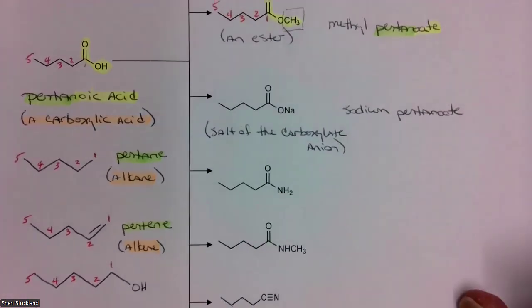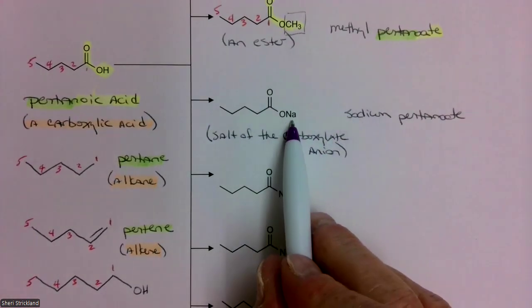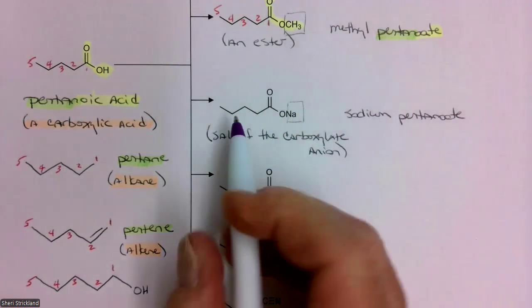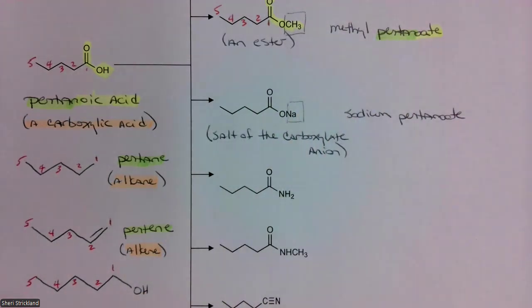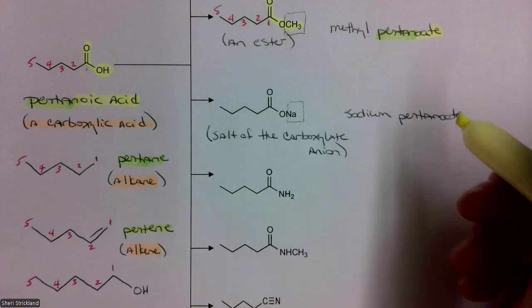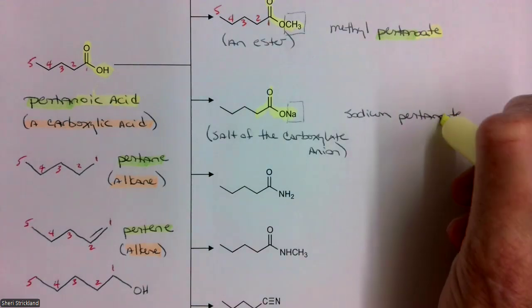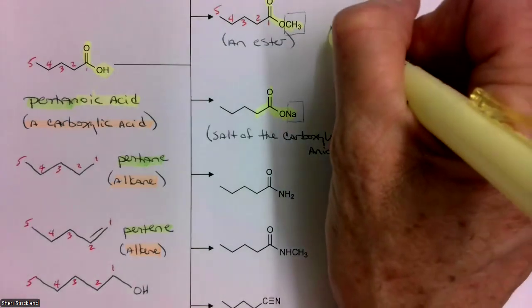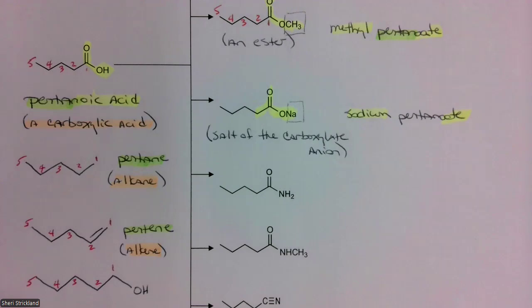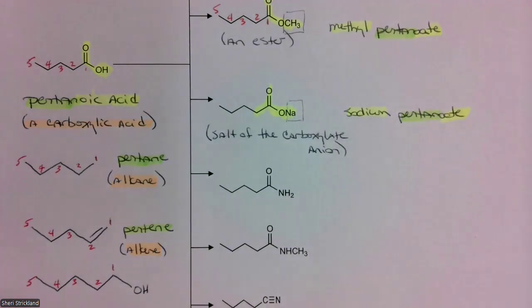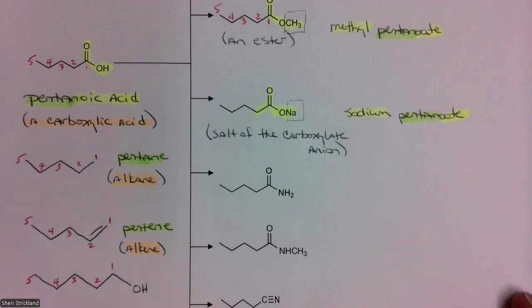So much like with esters, the thing that's connected to the oxygen goes first, and then the rest of the name is the same. So that's an interesting thing to keep up with. Or maybe we'll stick that in there with that. So esters and carboxylate ions have some similarities in their names.